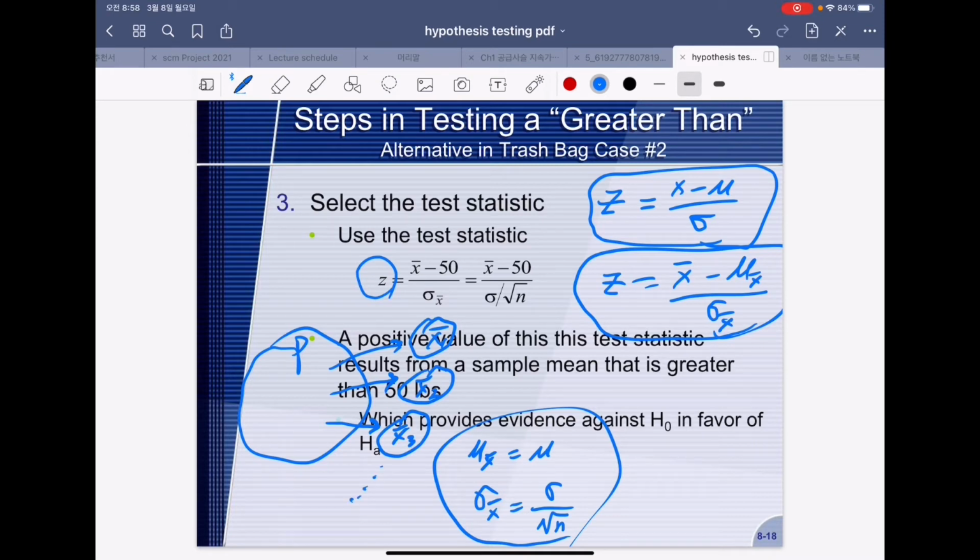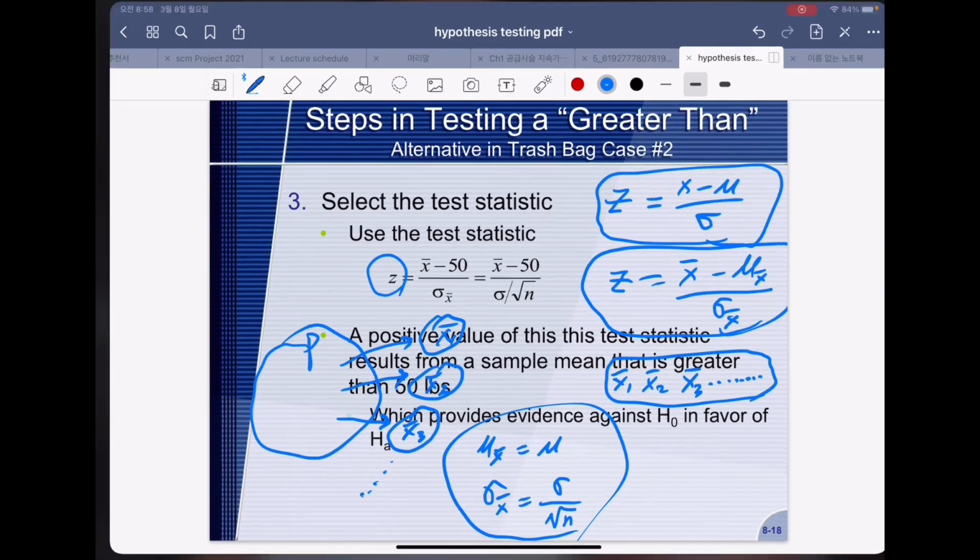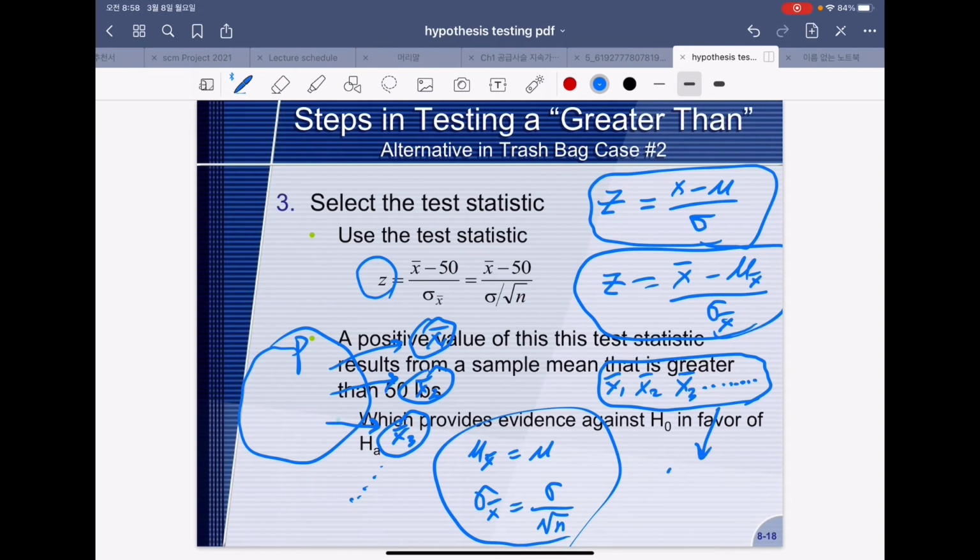You get x bar 1, x bar 2, x bar 3, with different values for the x bars. It turns out that the distribution of x bars is normal.